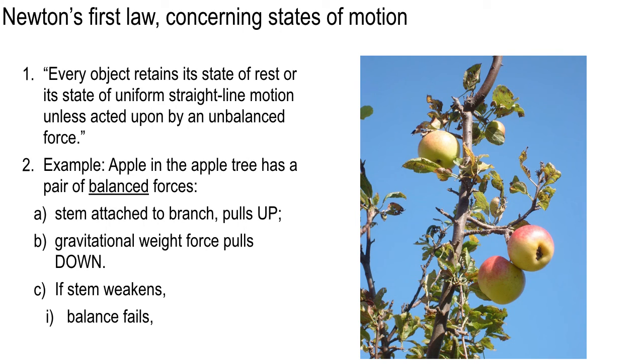Like it dries out in the autumn and it gets a little brittle. And then if there's a gust of wind, it'll be too brittle to stay intact. It'll break and down it goes. And then once that happens, there's an unbalanced force on the apple, gravity, 9.8 meters per second squared of acceleration. So that's what happens.